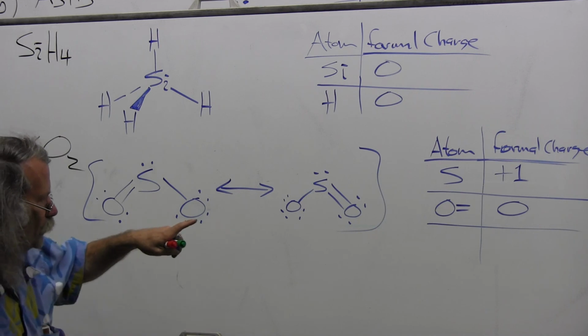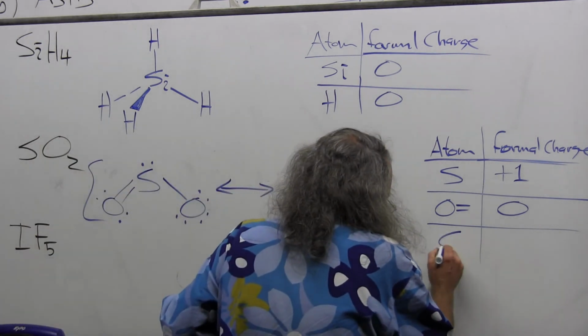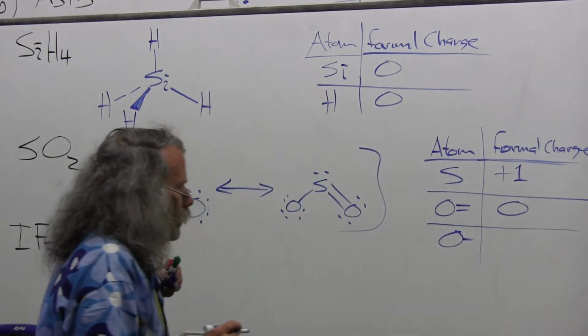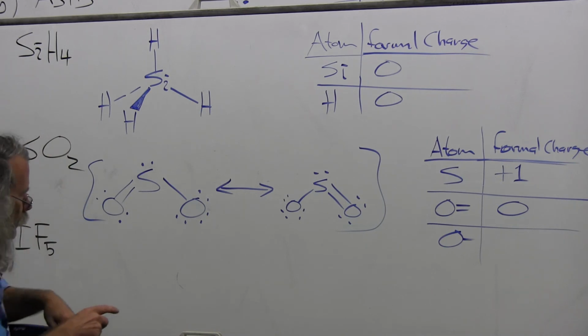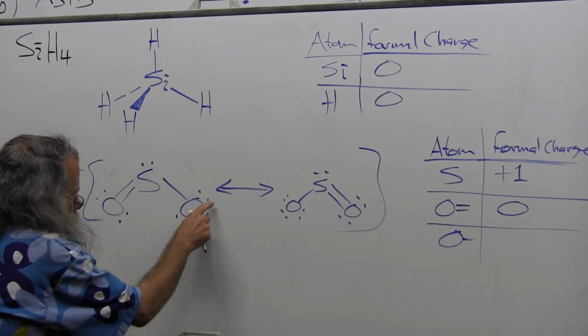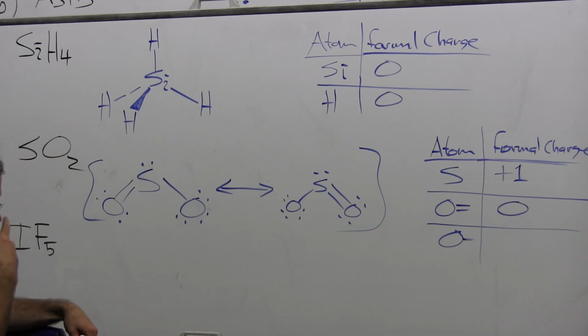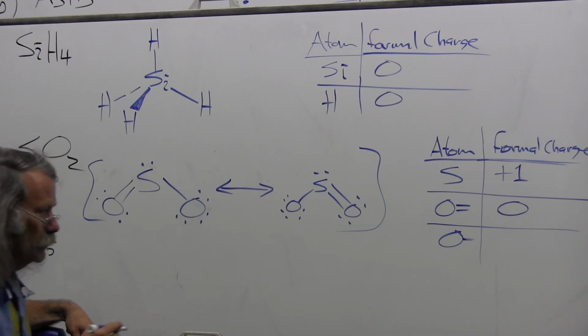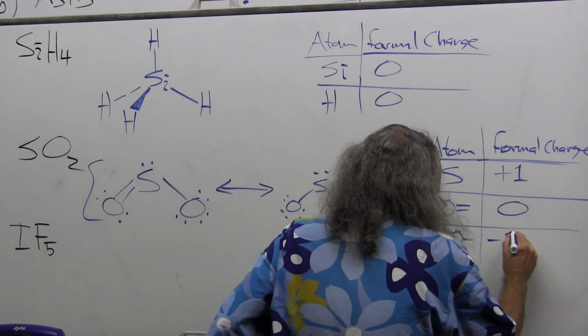And now I'll deal with the oxygen that's got a single bond. I'll depict it that way. And I'll count the electrons. 1, 2, 3, 4, 5, 6, 7. So it's group number 6. 6 minus 7 is minus 1.